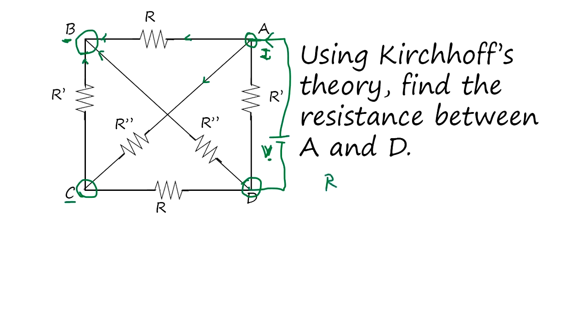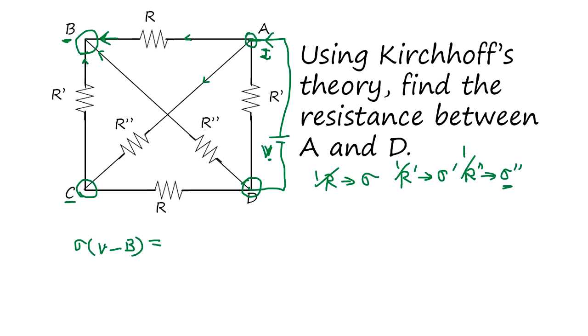We change this R into sigma, R prime into sigma prime, and R double prime into sigma double prime. This is conductivity. It's just the reciprocal value, much easier to handle. Okay, so the current flowing into this is going to be V minus B times sigma, right?